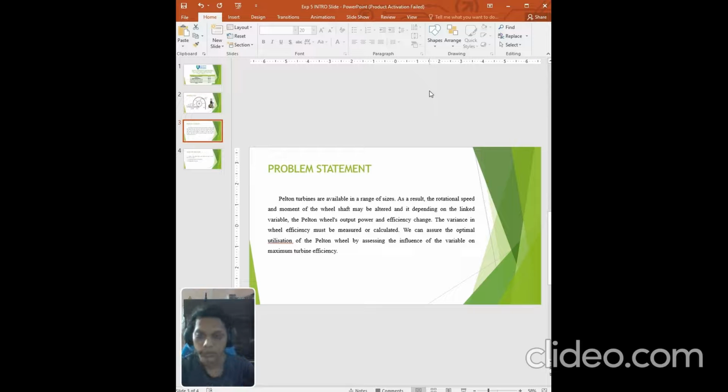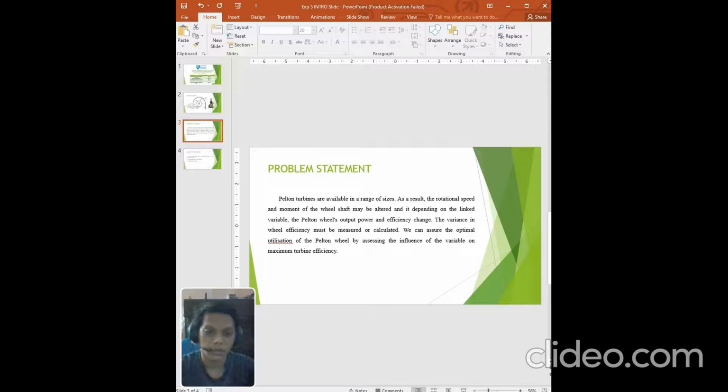Okay. The problem statement. Pelton turbines are available in a range of sizes. As a result, the rotational speed and moment of the wheel shaft may be altered, and depending on the variable, the Pelton output power and efficiency change.